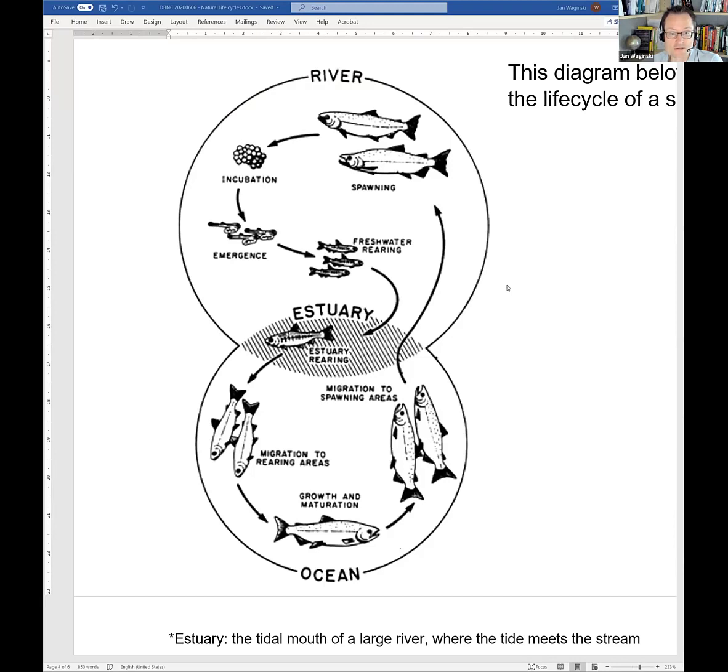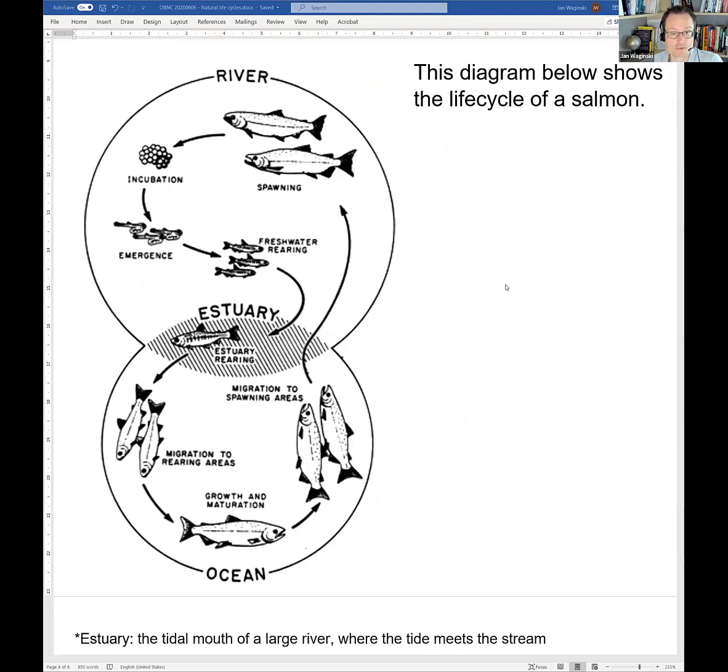And then how many stages are in the life cycle of a salmon? Nine. 7 stages? 7, 9 or 8? Incubation. No, 8. 1, 2, 3, 4, 5, 6, 7, 8. Okay, so 8 stages in 3 locations.